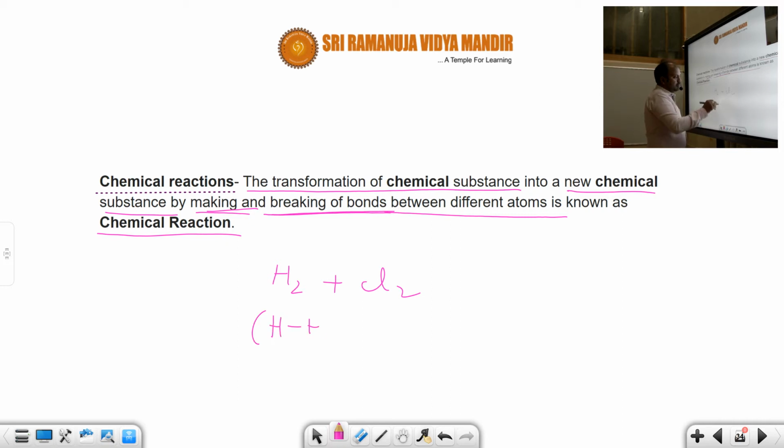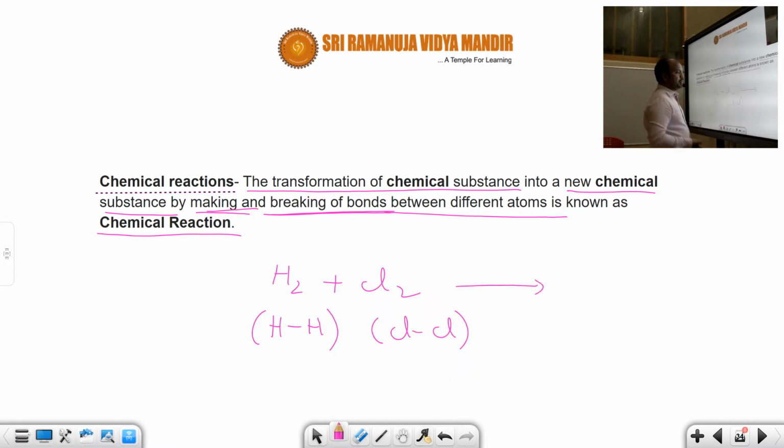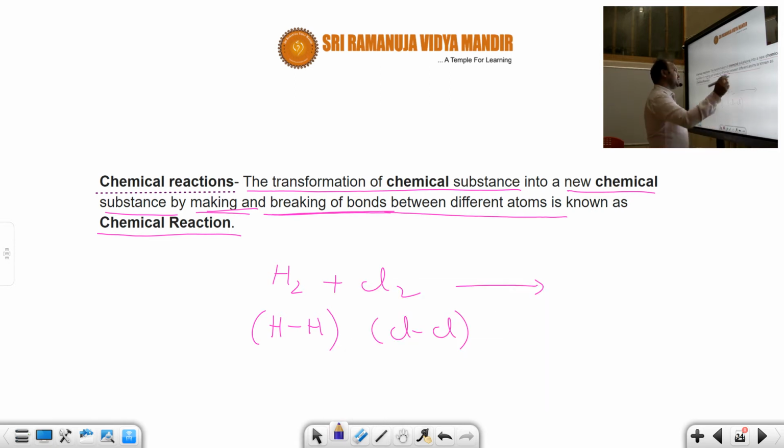So here the bond is formed between hydrogen and hydrogen, chlorine and chlorine. Hydrogen properties are different as well as chlorine properties are different. Suppose in the presence of sunlight, light is the energy, what will happen? The bonds are broken.